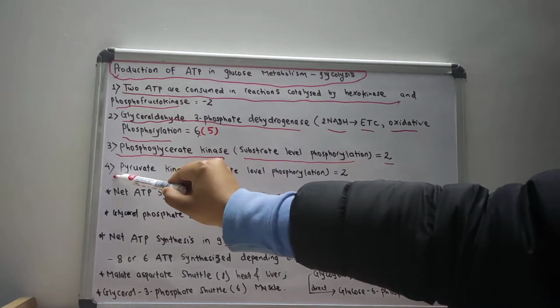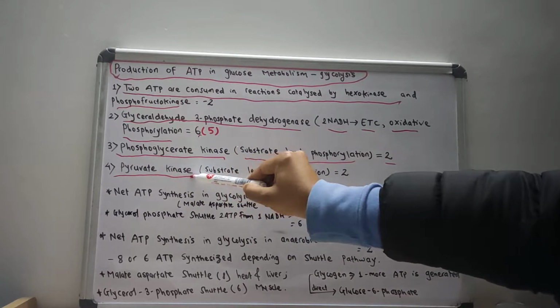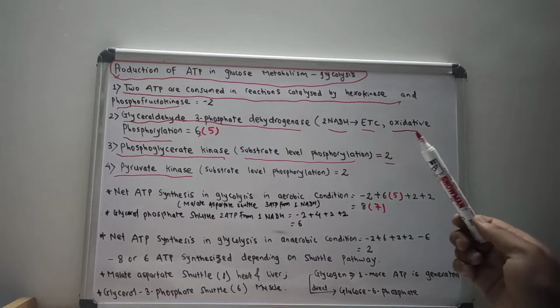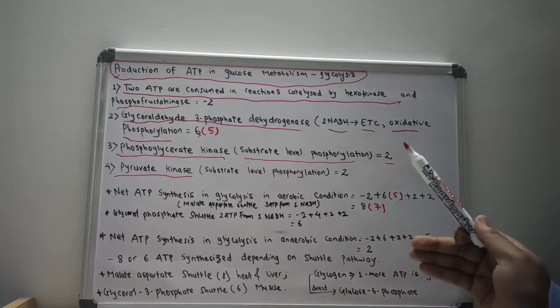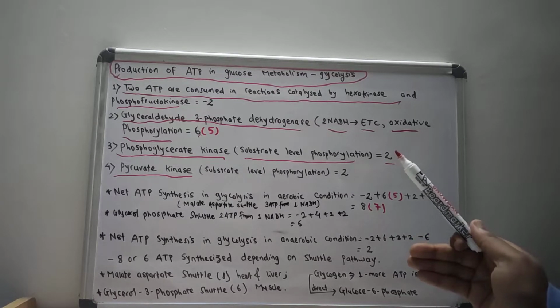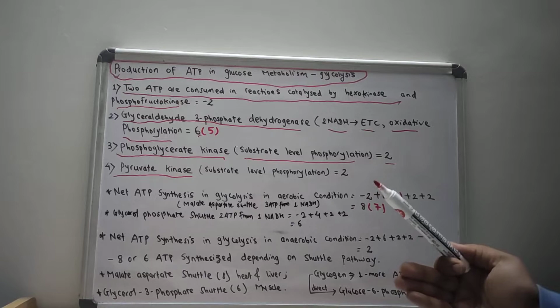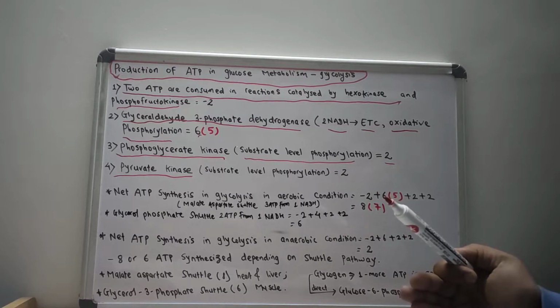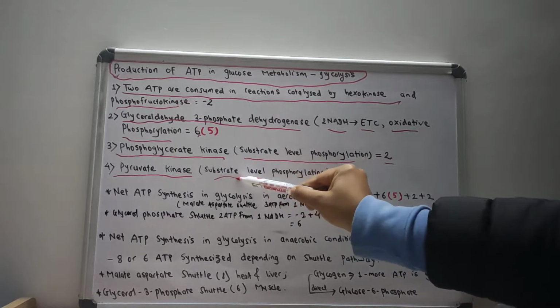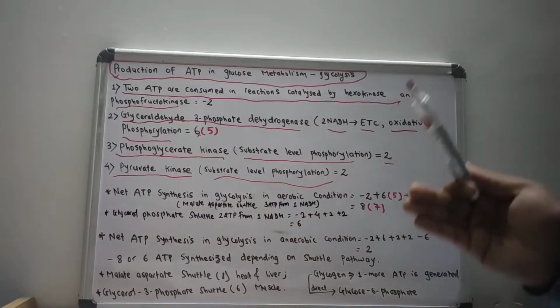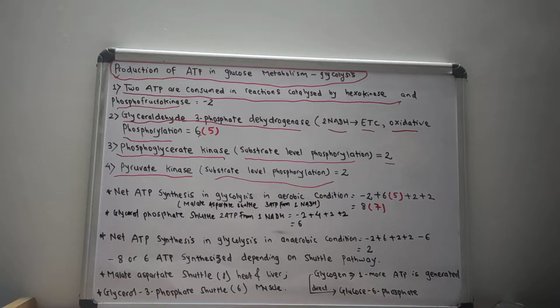Another reaction is done by pyruvate kinase: phosphoenolpyruvate is metabolized to pyruvate by pyruvate kinase with the generation of 2 ATP. That is also substrate level phosphorylation.